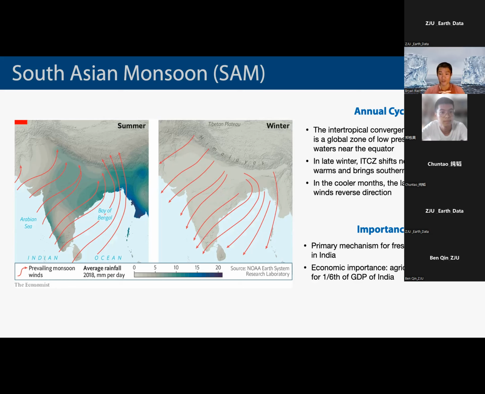So this is a very important seasonal phenomenon. It's a primary mechanism for freshwater delivery for India, and economically it's extremely important, since agriculture accounts for one-sixth of the GDP of India. Even though these rainfalls can be hazardous and bring flooding, they're very important for maintaining agricultural production.